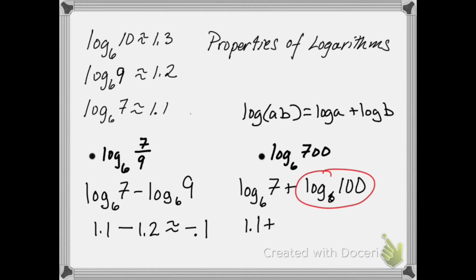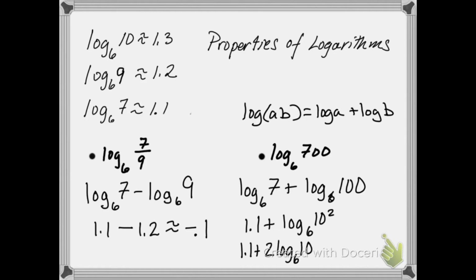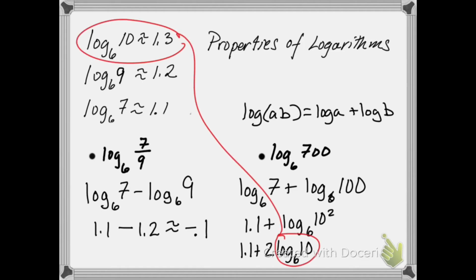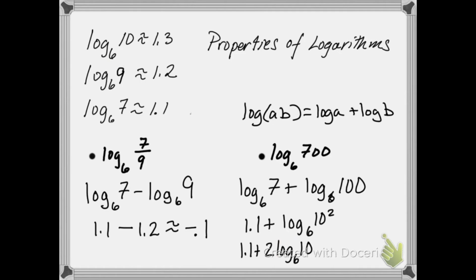Noticing that, I'm going to rewrite log base 6 of 100 as log base 6 of 10 squared, and then use a property of logarithms, the power property, to rewrite that as 2 times log base 6 of 10. And now I've got log base 6 of 10, and I can make that substitution.